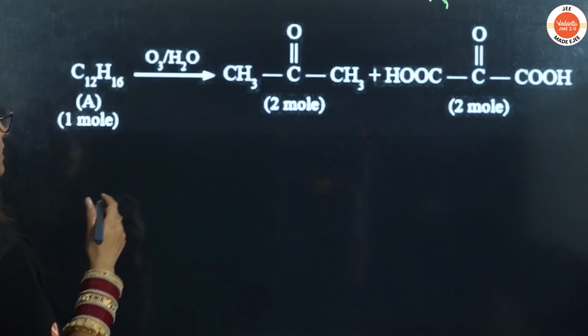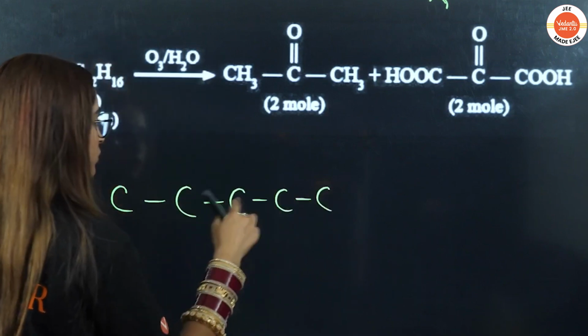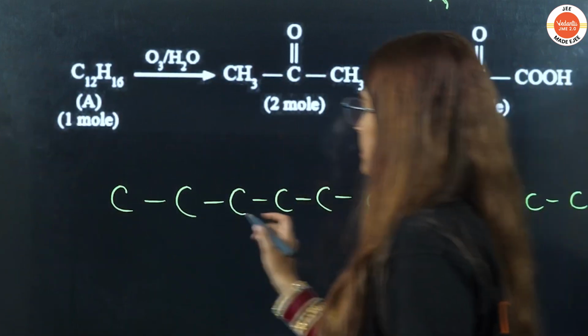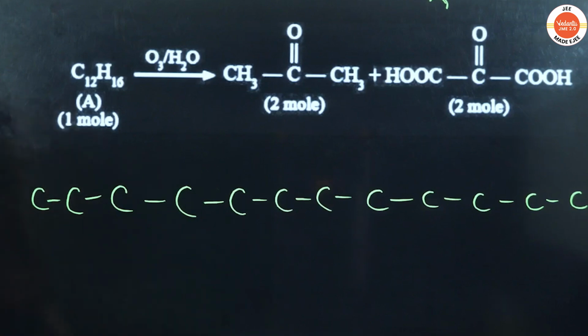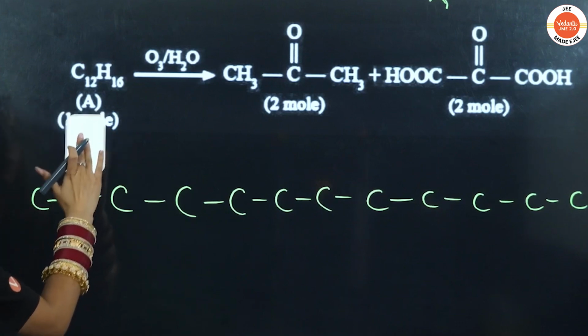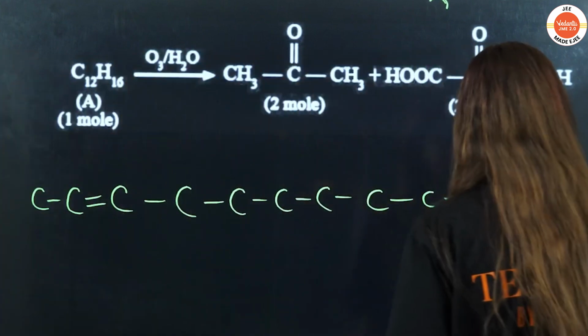So let's make this. This is 12 carbon, 1, 2, 3, 4, 5, 1, 2, 3, 4, 5, 6, 7, 8, 9, 10. This is 11, this is 12. Okay. Now here we are saying you have double bond in which area? You have double bond. Firstly in this part. Okay. First I am saying you are having double bond here. Then you are having double bond here.